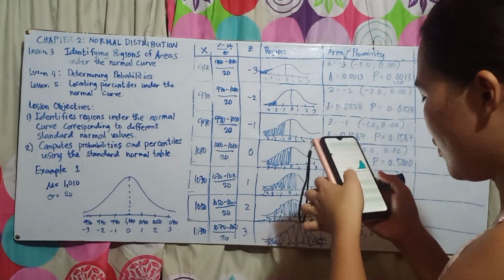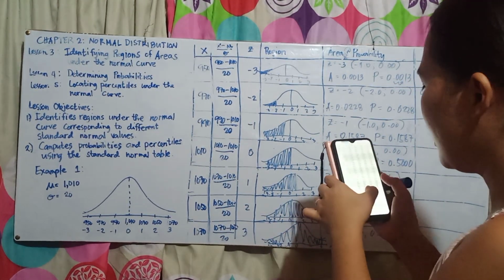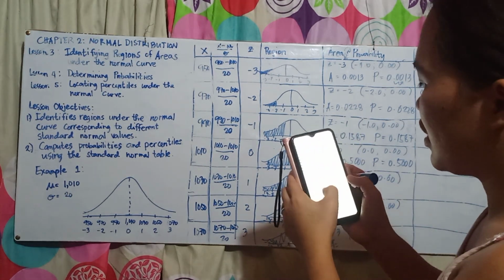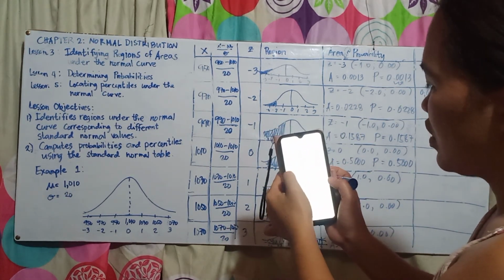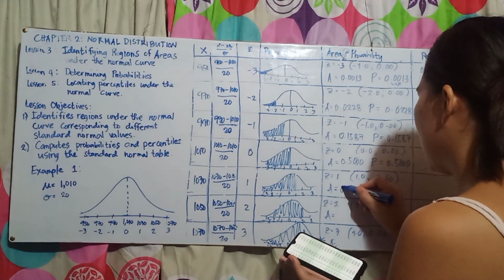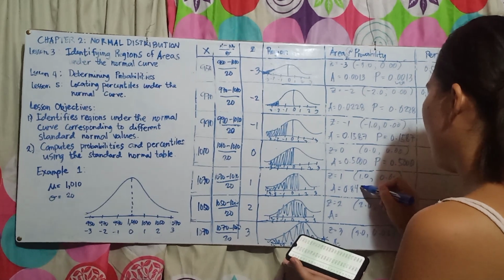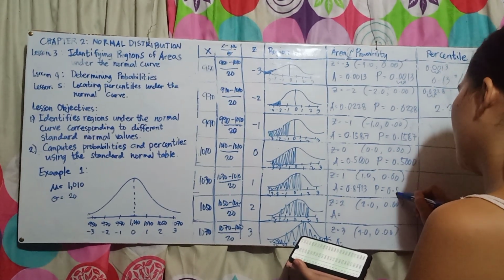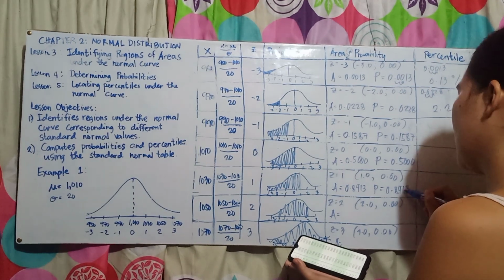Next is positive 1. So, we are already in the positive table. 1.0, here is the 1.0. 0.8413. So, the probability is 0.8413.